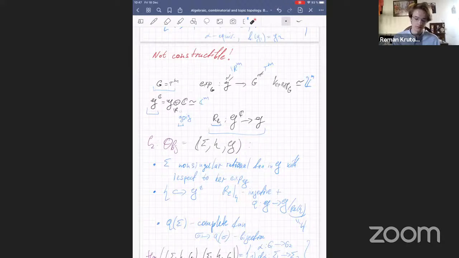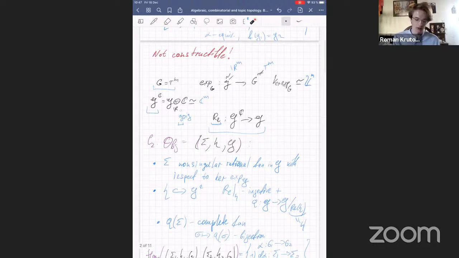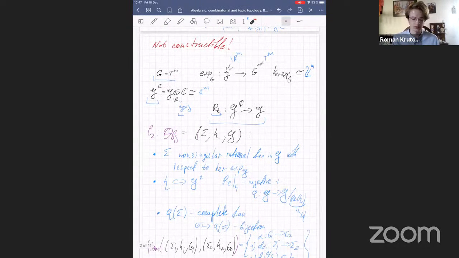We want the image of the fan sigma under this projection to be a complete fan. This actually puts many restrictions on the possible fans that could appear here and their relation with the dimension of H. And we also want the map to be a bijection between the cones of the fans.